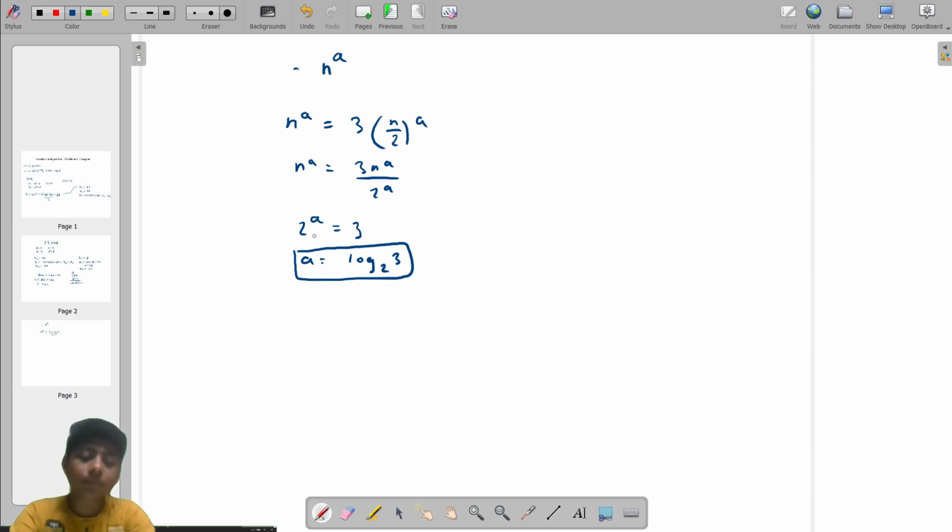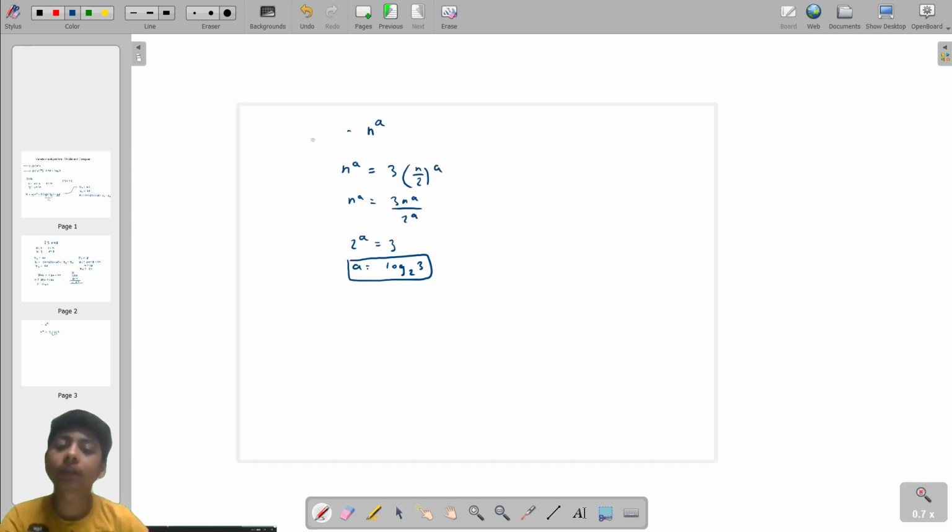Yes, it is possible, and why this is n to the log base 2 of 3 is a very detailed proof, but if we assume a small thing, we can prove it in an easier manner. Just like in SHM, we can't derive that it is true, but we can check that yes, it is correct. If I assume it to be n power a, I can see that it is correct.